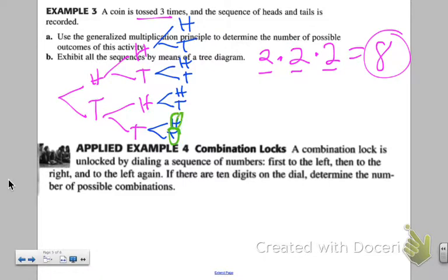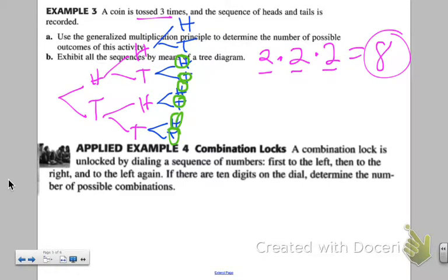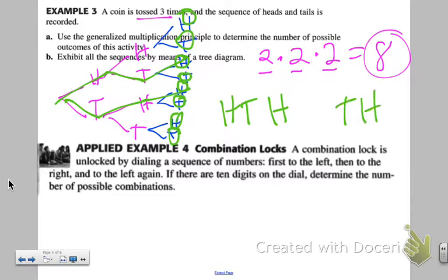So there's 1, 2, 3, 4, 5, 6, 7, 8 total branches. So this branch would be getting heads, tails, heads, which would be different than getting tails, heads, heads, even though you got 1 tail and 2 heads, we're saying the order does matter. So there's 8 different possibilities.